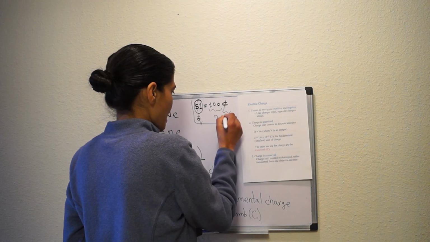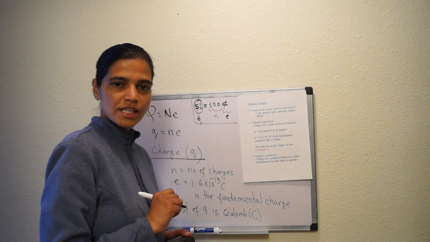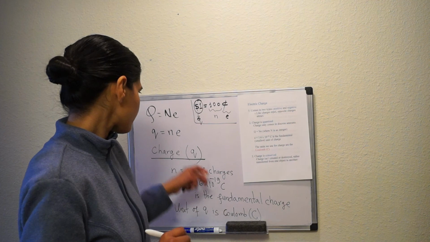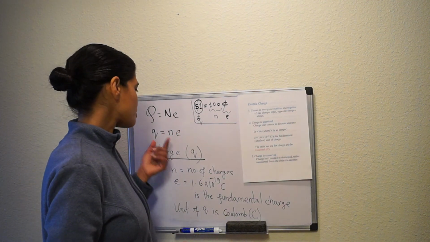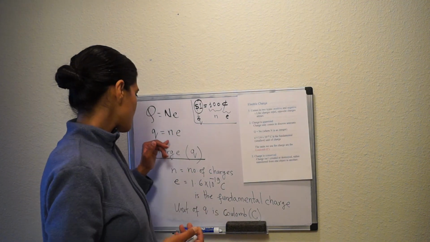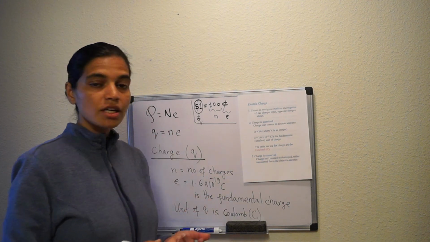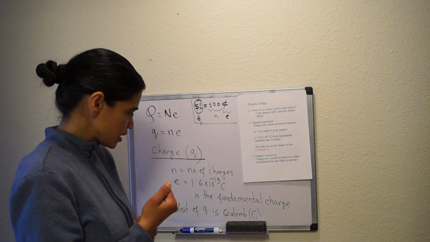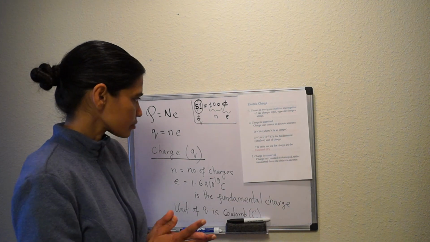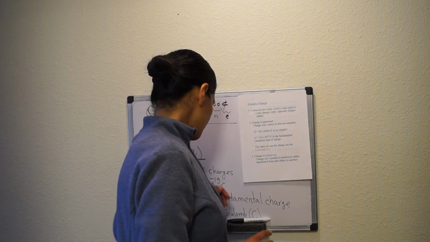So this is like our E, okay? Make sense? So some charge Q is equal to N times E, the number of charges times the smallest unit, and the unit is coulomb.